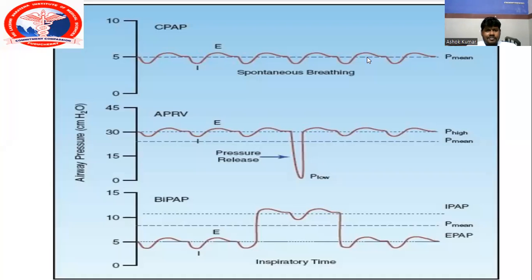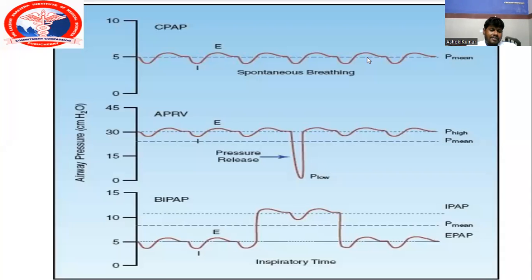The image shows continuous positive airway pressure, airway pressure release ventilation, as well as bilevel positive pressure. For continuous positive airway pressure, the pressure is maintained around 5 centimeters of water during both inspiration as well as expiration. For airway pressure release ventilation, pressure is mostly maintained at high pressure like 30 centimeters of water, and for a small period it suddenly drops to 0 or atmospheric pressure.